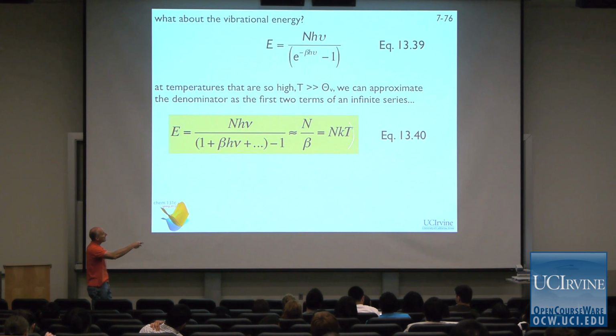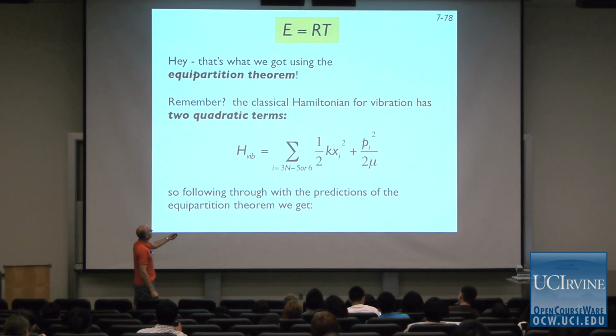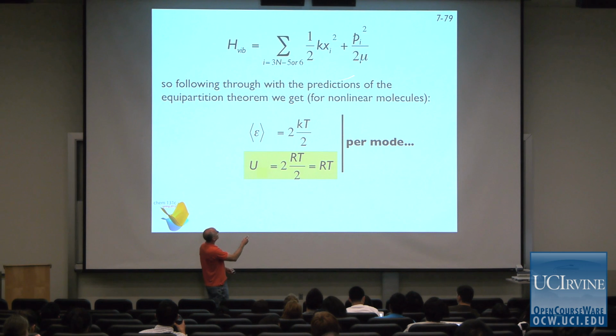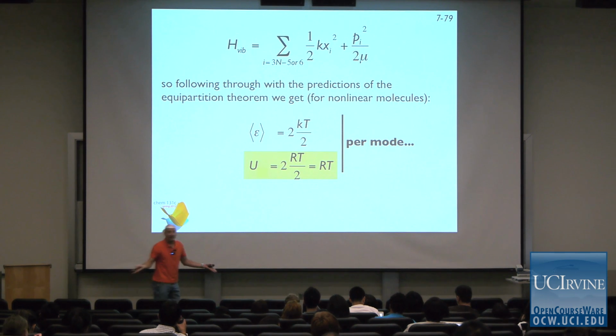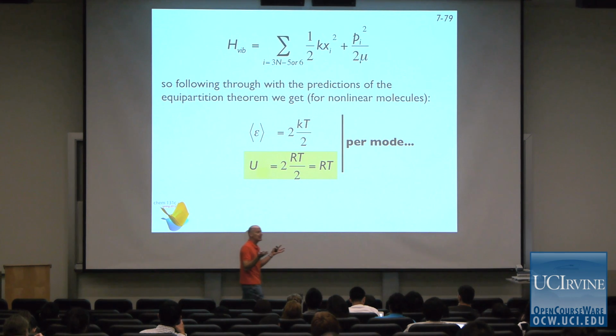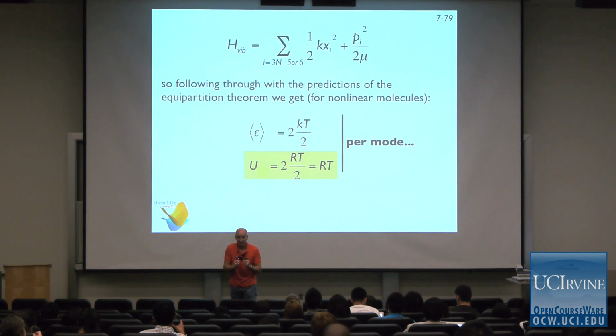So the total energy is just NkT, and the reason that's interesting is because that's what we were calculating when we did the equipartition theorem. We wrote the classical Hamiltonian for vibration. It had two terms, and so it's 2 times kT over 2, which is just kT per mode. Remember this? The equipartition theorem tells us that we've got RT in terms of energy per mode, or R in terms of the heat capacity.